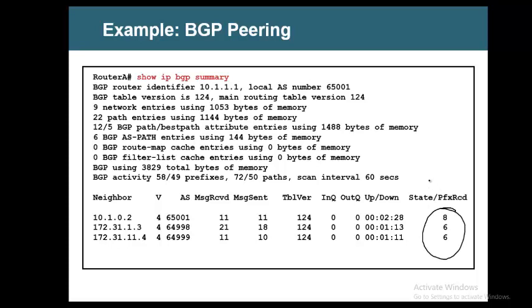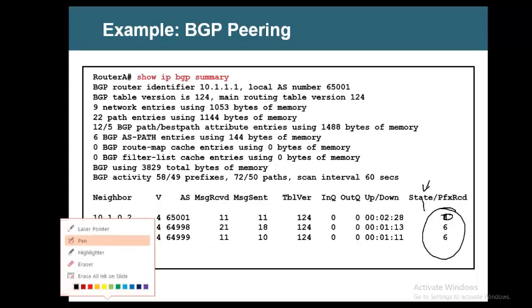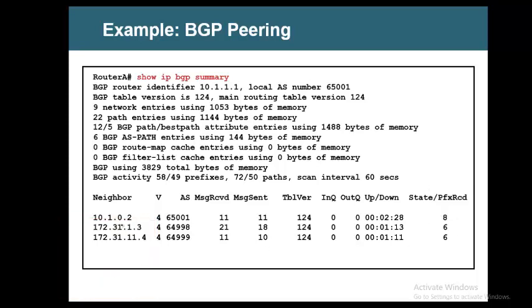In this place, you should not see idle or active. You should see some number, at least 0. What does this number mean? It means from this neighbor, 8 prefixes are received. From this neighbor, 6 prefixes received. From this neighbor, another 6 prefixes. 6 prefixes means 6 networks received.